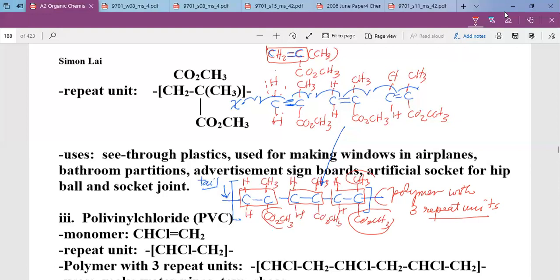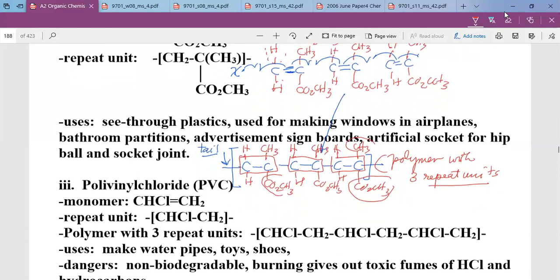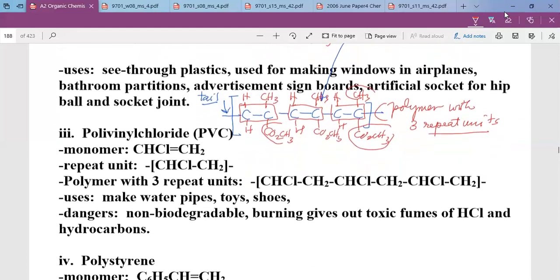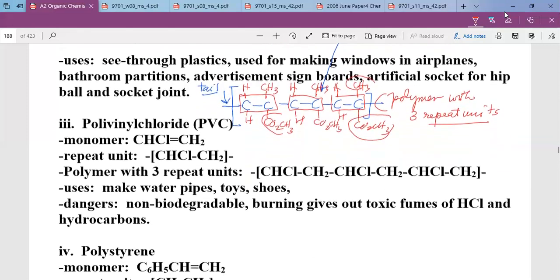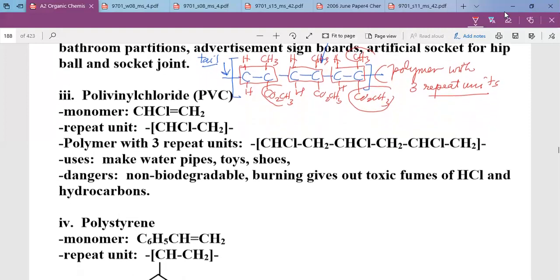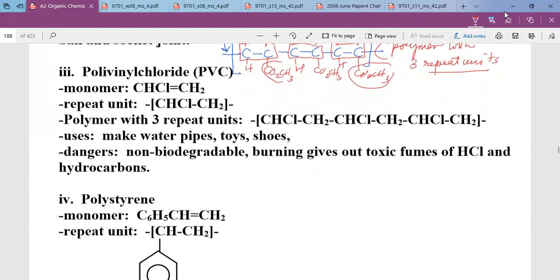Now you can see here PVC. I won't go through all this, you can go and try it yourself. Basically all these addition polymers are non-biodegradable. Polystyrene is the worst one. PVC, polyvinyl chloride, is used a lot in pipes, water pipes, you know?